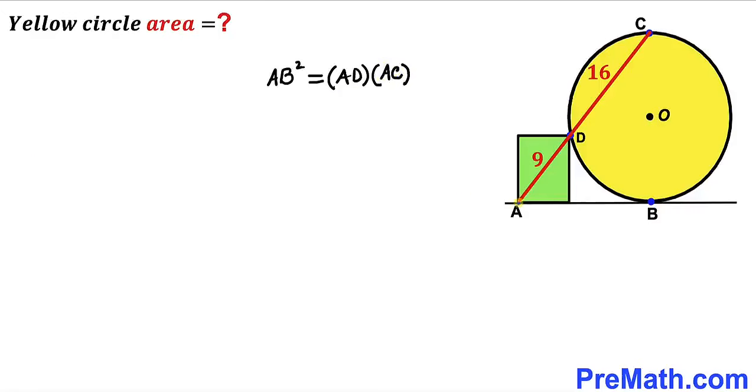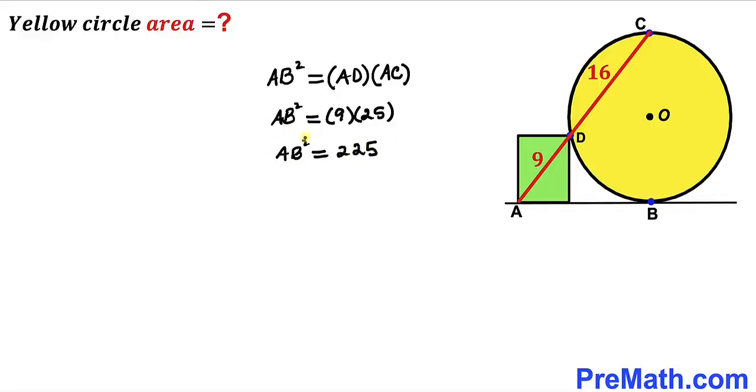Our diagonal AD is 9, so I'm going to replace it with 9. Likewise, the whole segment AC is 9 plus 16, which gives us 25 units. So AB squared equals 9 times 25, in other words AB squared equals 225.